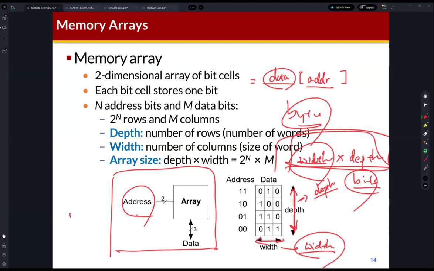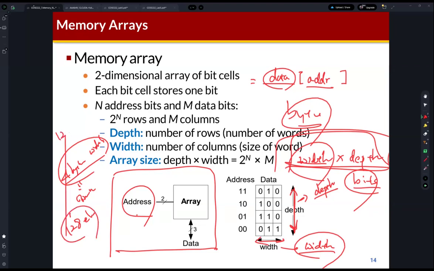For example, this memory has a width of 4 bytes, which is 32 bits, and it includes 128 entries, or elements. What is the size of this memory? 128 multiplied by 4, which is 512 bytes.